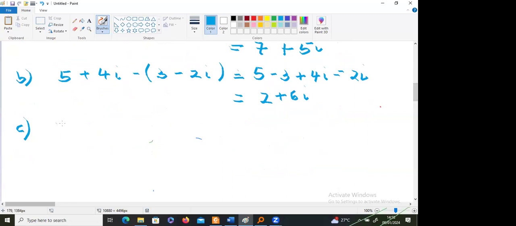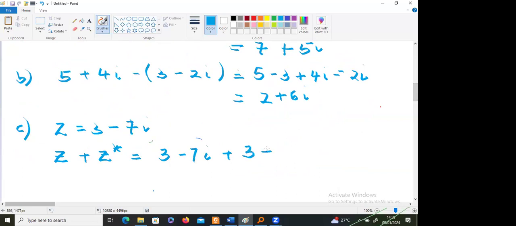If my Z is 3 minus 7i, then what is the sum? What is Z plus the conjugate? Someone is telling me that that is 6, but we have seen that it is 3 minus 7i, and we are adding the conjugate, which is 3 plus 7i.